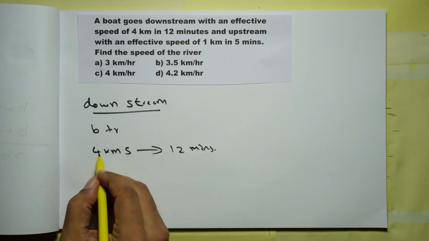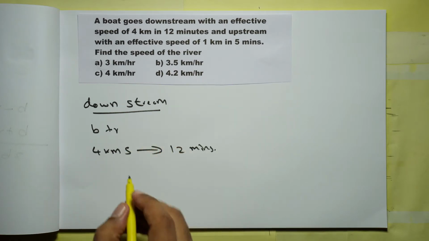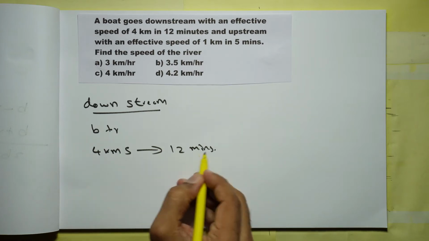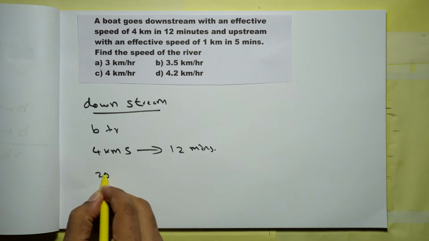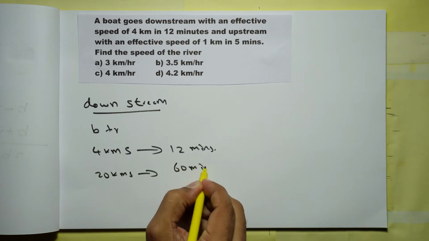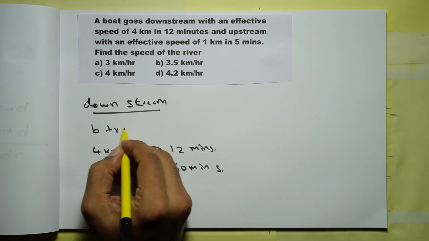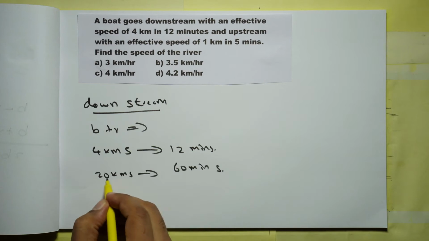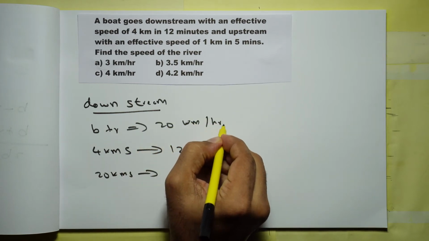So we'll find out the distance it can travel in 1 hour, so we'll get it in kilometers per hour. Now 4 kilometers in 12 minutes, we'll multiply both sides by 5. So that will be 20 kilometers in 12 into 5, 60 minutes, that is in 1 hour. So b plus r, that is our downstream effective velocity, is 20 kilometers in 1 hour. That is 20 kilometers per hour.